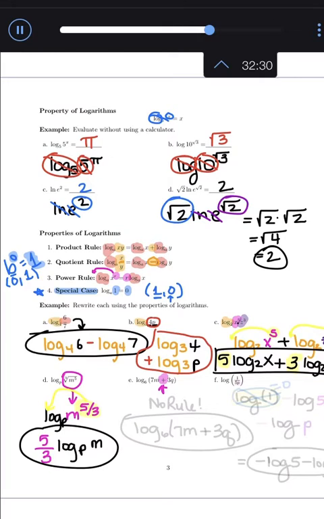So guess what? There's nothing we can do with this one. We have to leave it as is because there's no rule for a plus or a minus inside of a log. So we have to leave it as log base 6 of 7m plus 3q. There's nothing we can do with this.